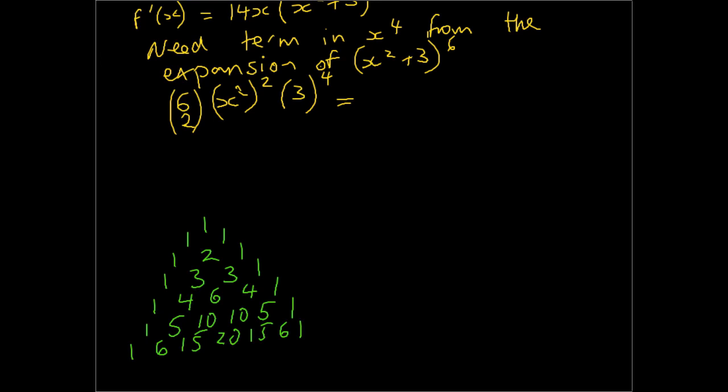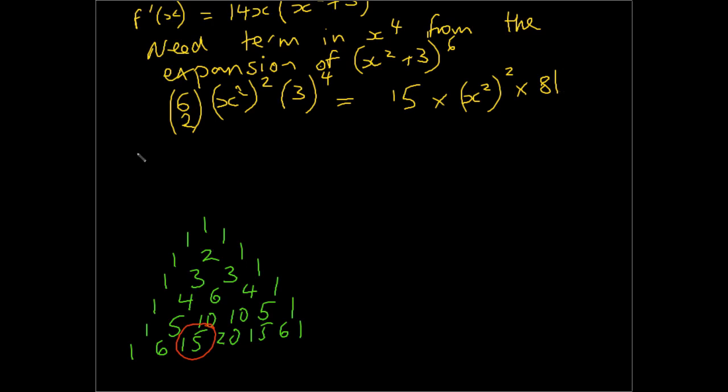So 6 choose 2 is going to be this one, which will be 15. So this is going to equal 15 multiplied by (x squared) squared multiplied by 3 to the power of 4, which is going to be 81.